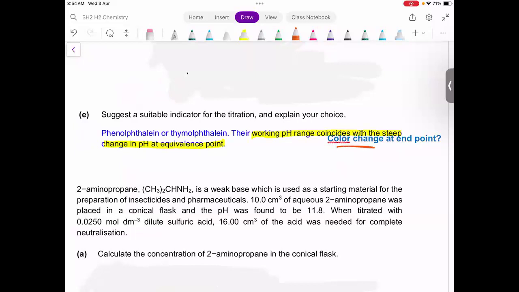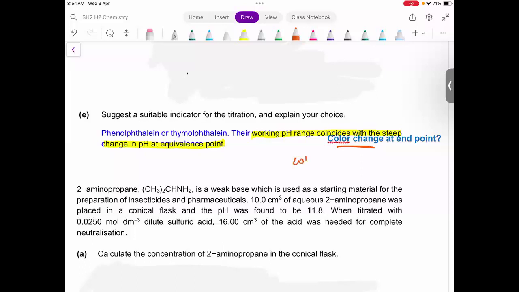Do you know what the expected color change is? Purple. That is the final color. Color change means initial and final color. What is the initial color? When you are asked to describe a color change, there must be an initial and a final color.